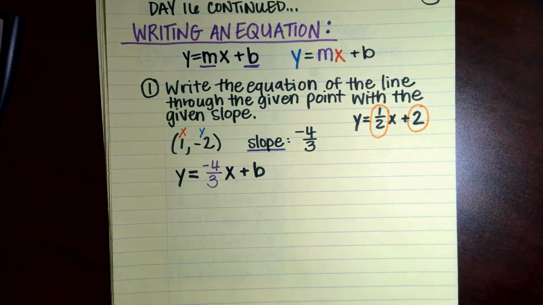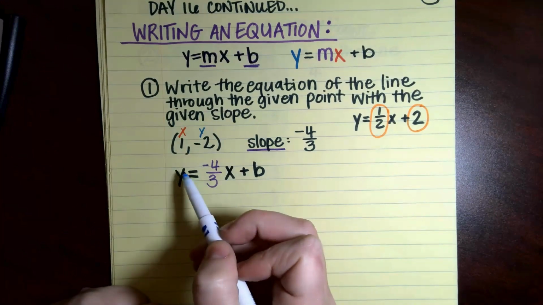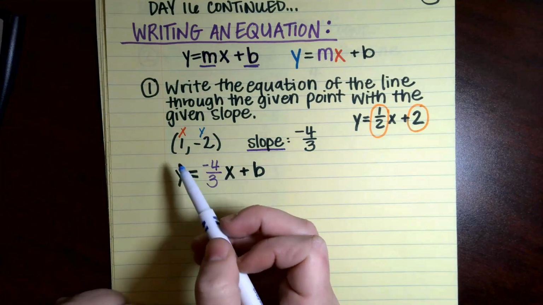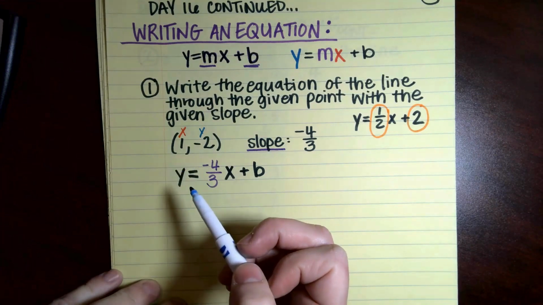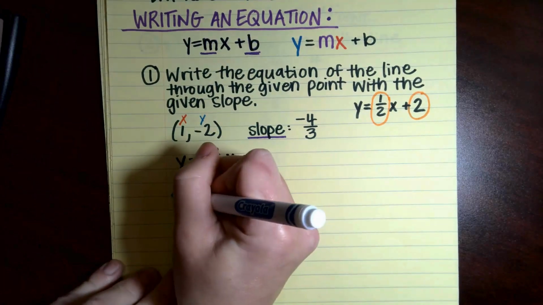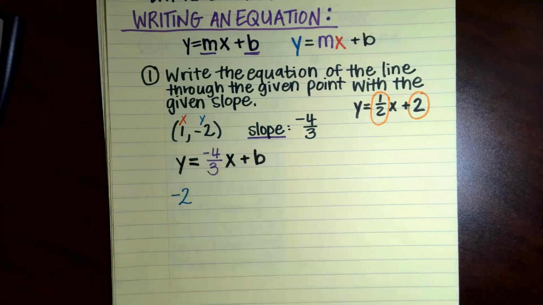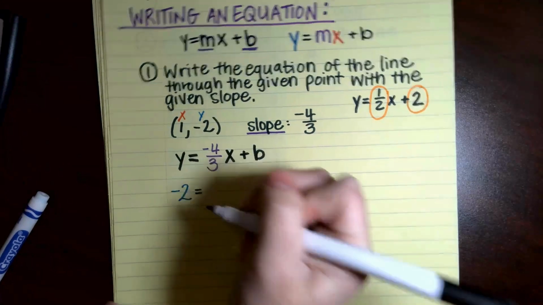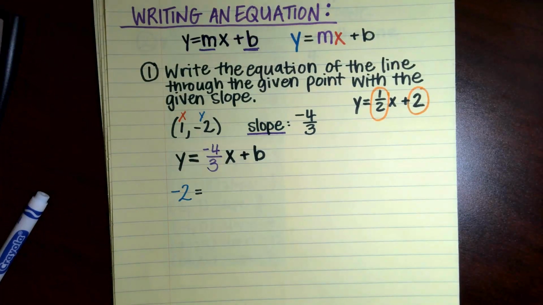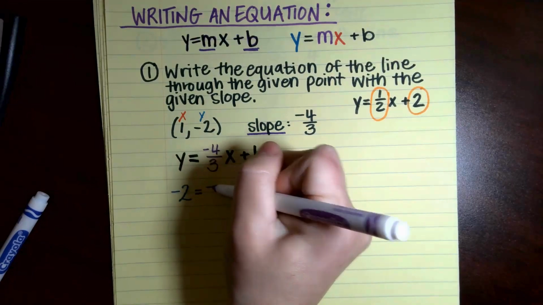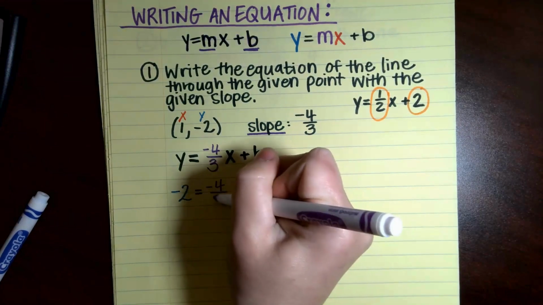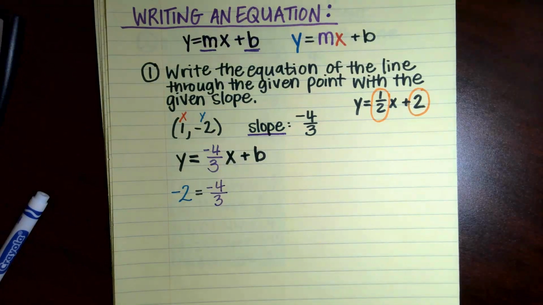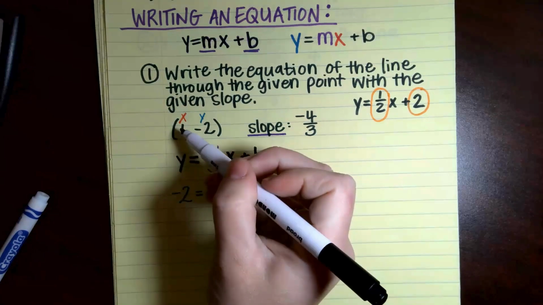I'm going to keep my colors, make sure it's all organized here. So my y value is what? -2. Let's plug that into our equation. I've got -2 equals, now I have my slope was already in there. I'm going to write it again. -4/3. And then what's my x value? 1. Yeah, it's just 1.